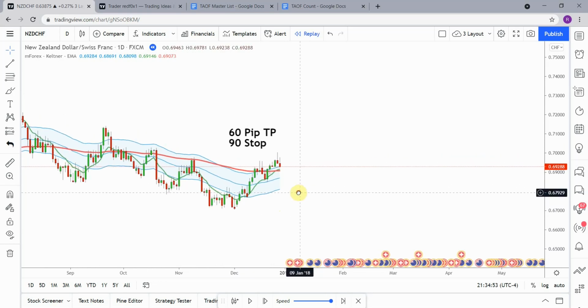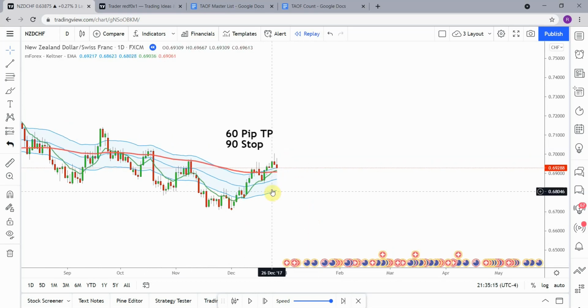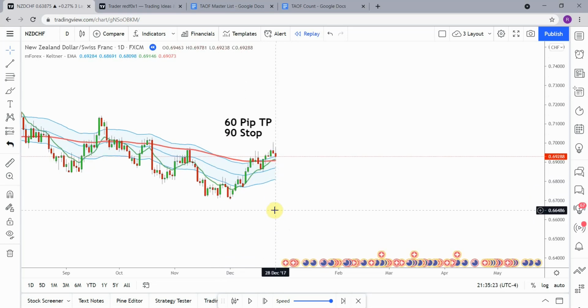We're looking for when the green line breaks up above the blue channel, or the upper blue line here, or when the green line breaks down below the channel, or below the lower blue line. And then we are going to go either long or short. If it breaks up above, we're going to go long. If it breaks down below, we are going to go short. Pretty simple setup, not too much to it. Let's go ahead and get on with testing and see what we get.